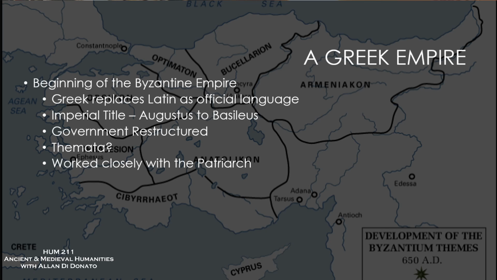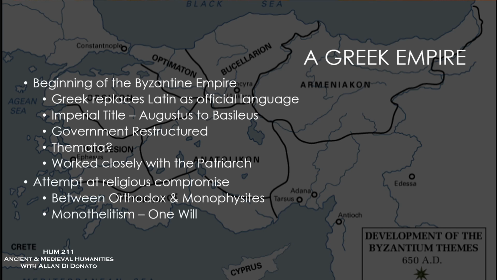Now, Heraclius himself was somebody that tried to settle down some of the religious disagreement of the time. Again, conflict between the Orthodox and the Monophysites. He actually tries to come up with a middle point that is hopefully going to please everybody. It was a view known as monothelitism. Orthodoxy believes in Christ having two natures. Monophysites believe Christ only had one nature.